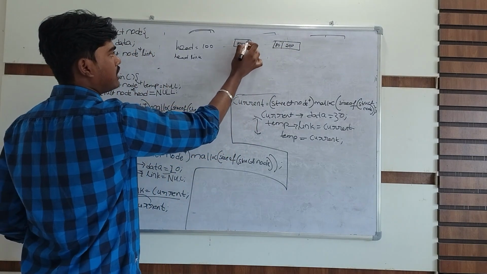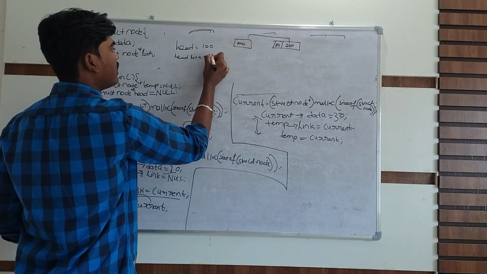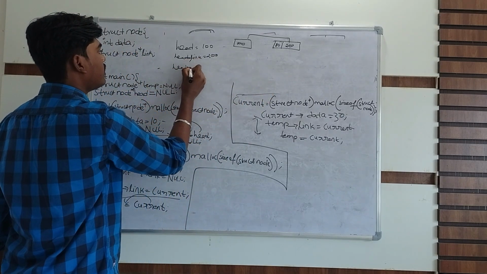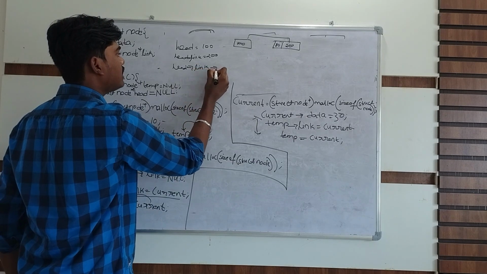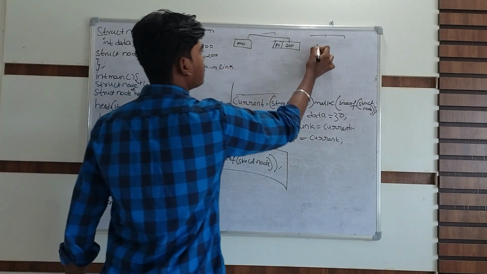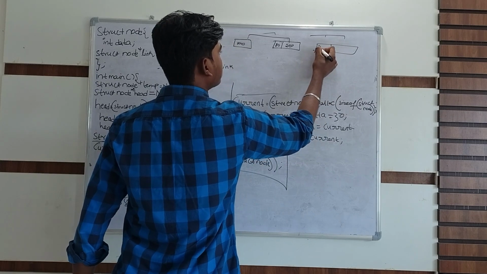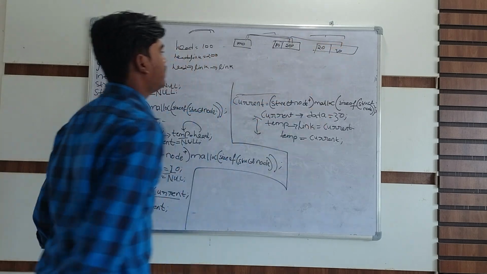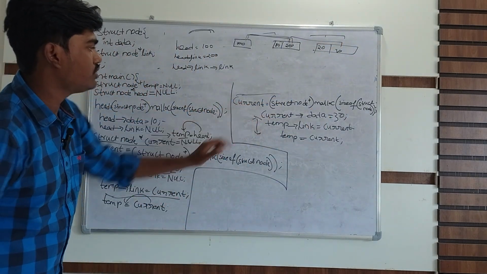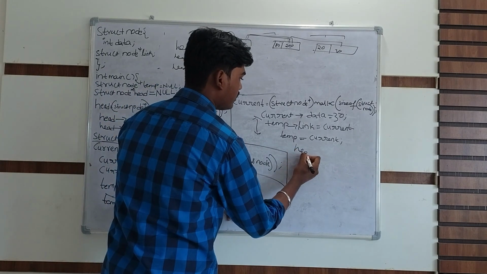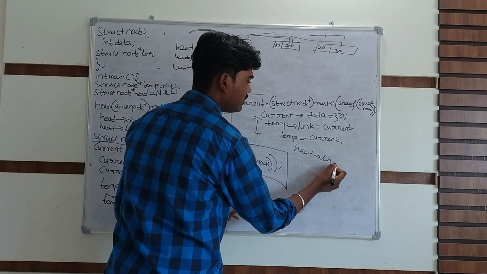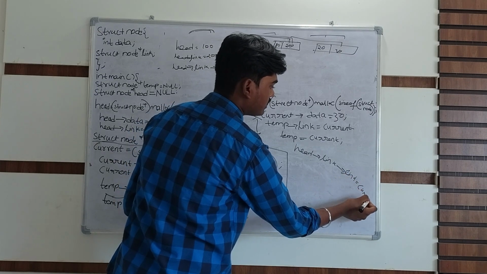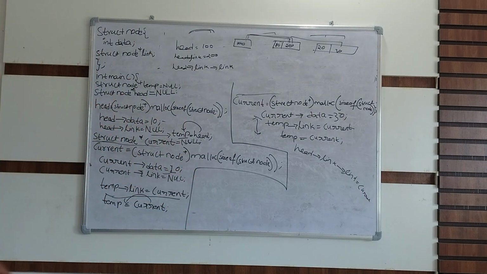Head link means 200, and the next head link means 300. So instead of calling these two, we can write head link is equal to current. Like that also we can store.